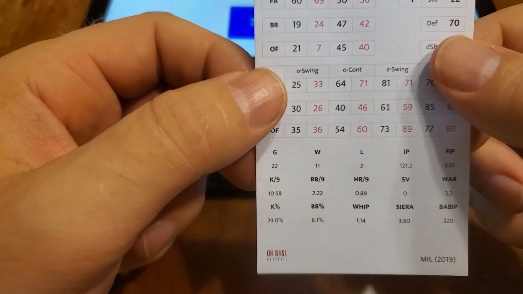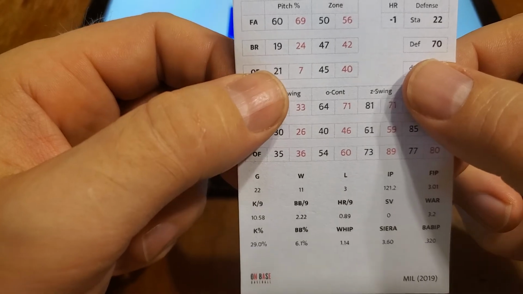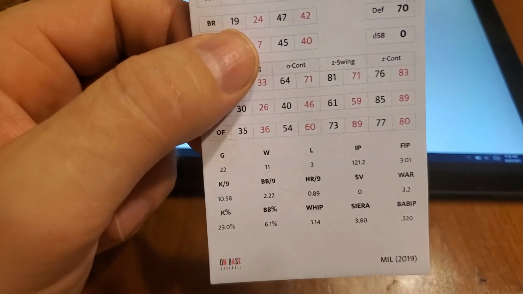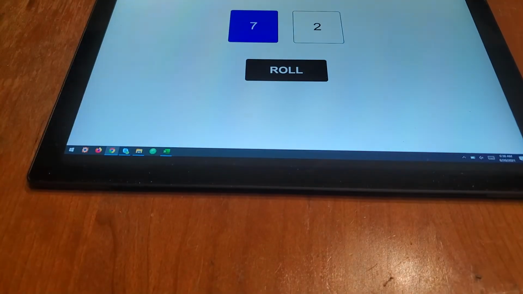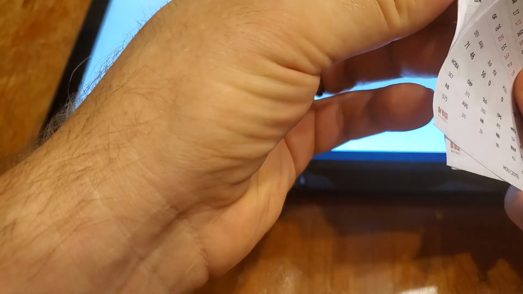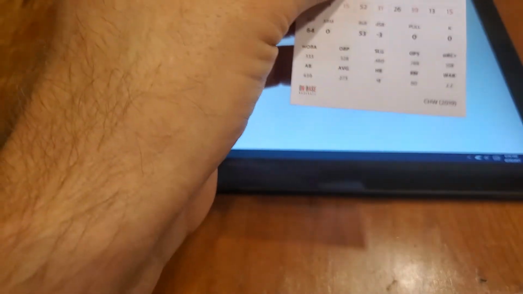And the way that you would determine whether it's a wild pitch or a pass ball would be to take a catcher. Let me find a catcher here. Okay, the catcher is James McCann.